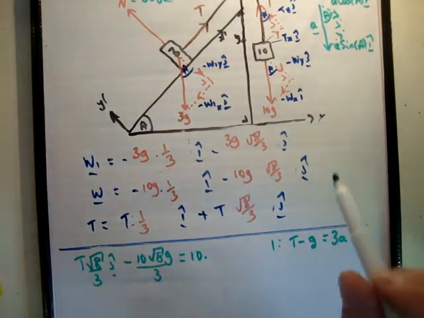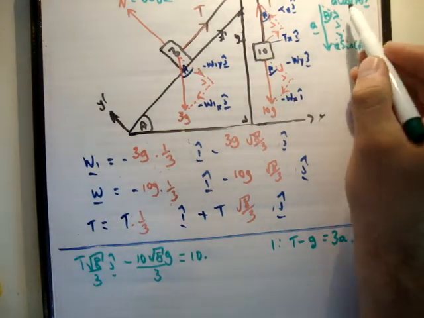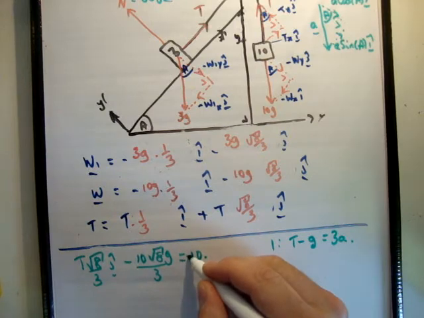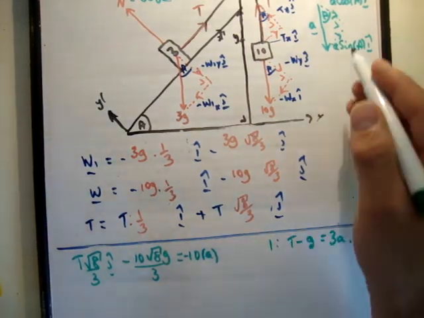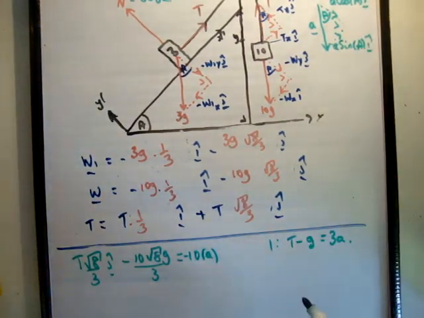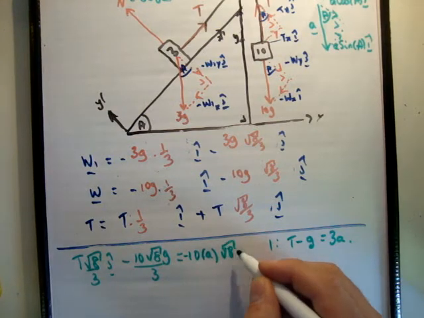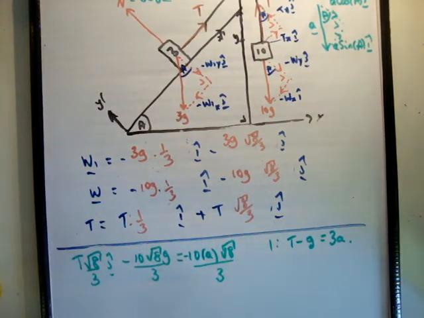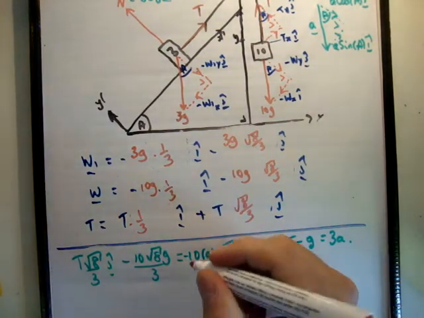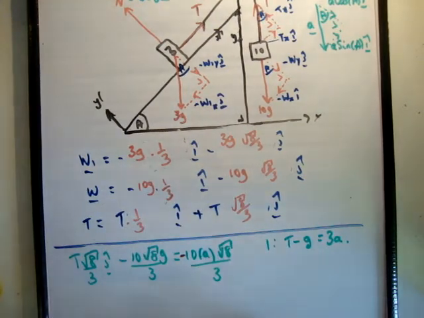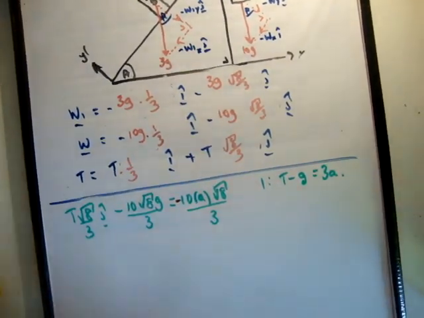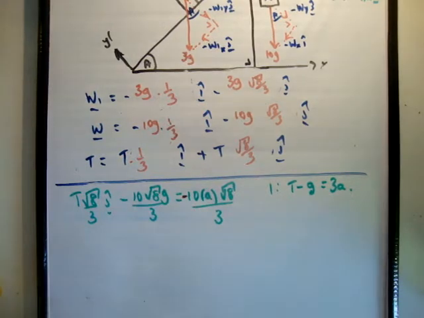Now look, the acceleration vector is going to be in the negative j. So it's going to be a negative times a, and the cos of capital A was equal to root 8 over 3. I'm going to draw that negative sign in red just so we can see that. Let's rearrange this.